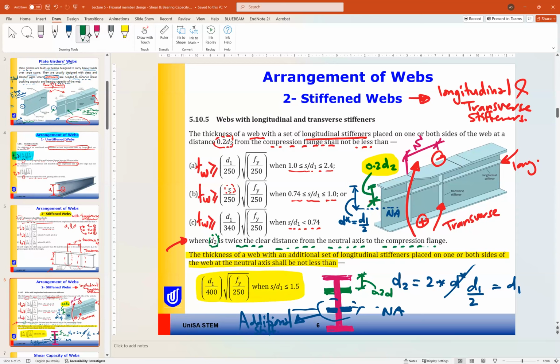So the thickness of the web, T web, should be more than or equal to D1 over 400 root F yield over 250 when S over D less than 1.5.